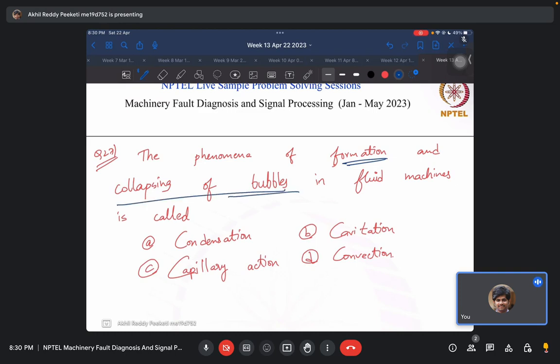Formation and collapsing of bubbles in fluid motion. It's called cavitation.